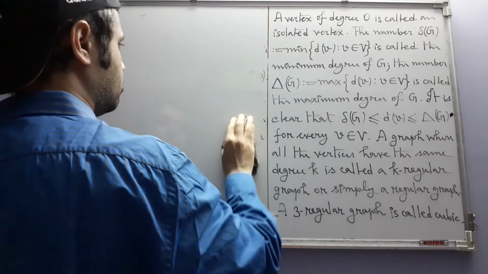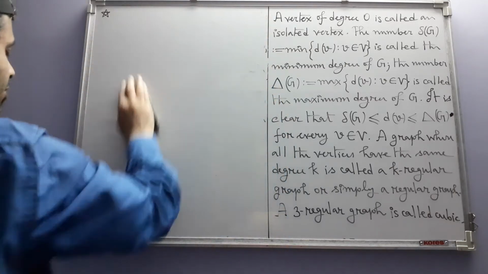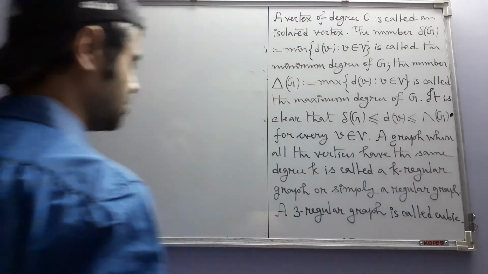Next we come to the notion of the average degree of a graph.